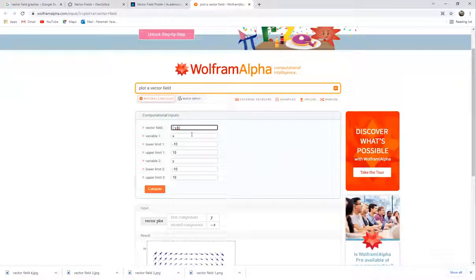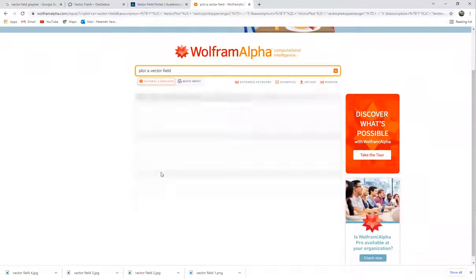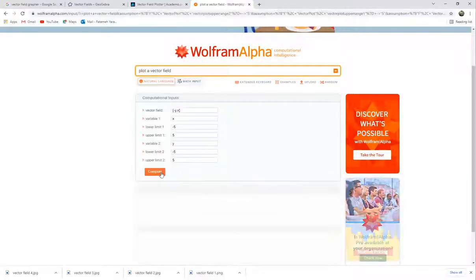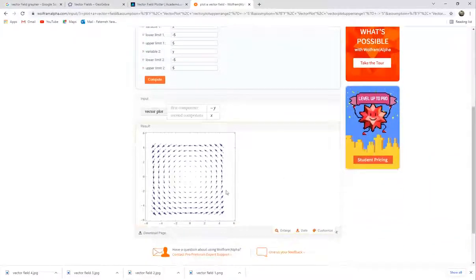So we have negative y and positive x. And then we can assign different values to x and y. Then it gives us a range of vectors in 2D space. This is the behavior of this vector field.